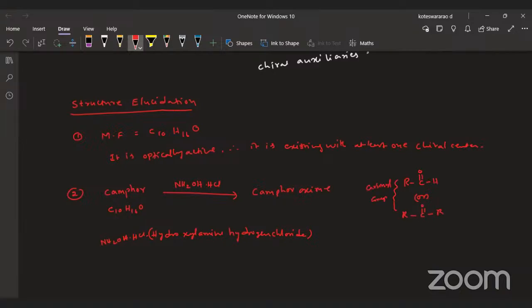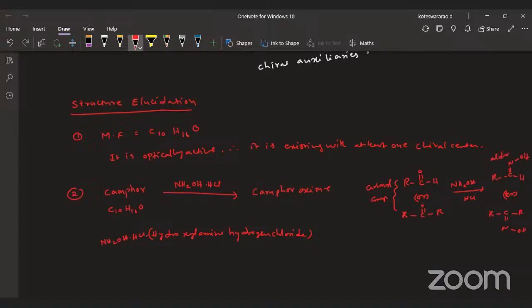Carbonyl compounds are treated with hydroxylamine hydrochloride. That leads to the formation of R-C=N-OH. This is an aldoxime. Or if it is a ketone, the ketone generates a ketoxime.